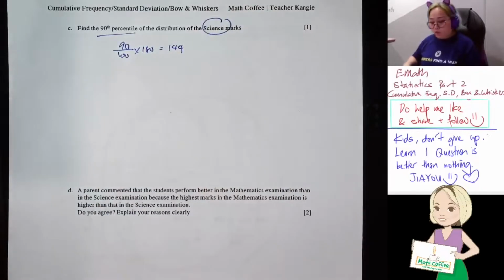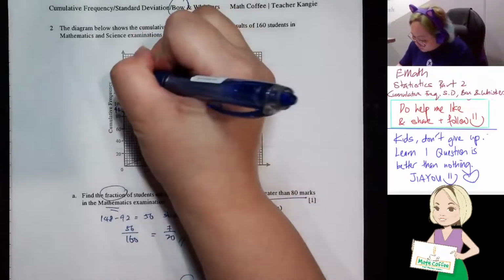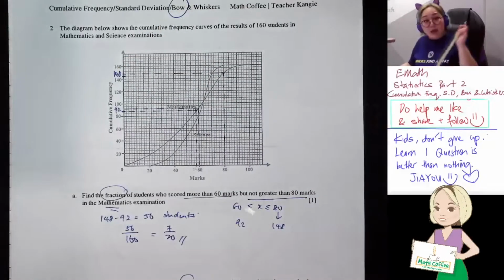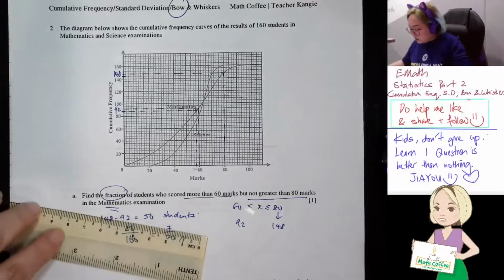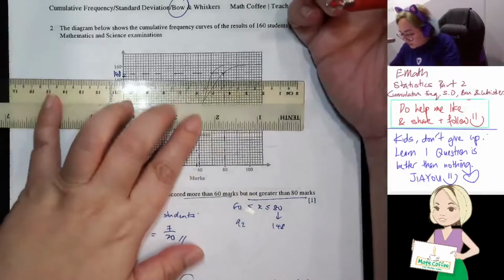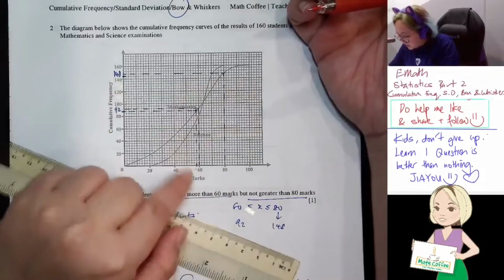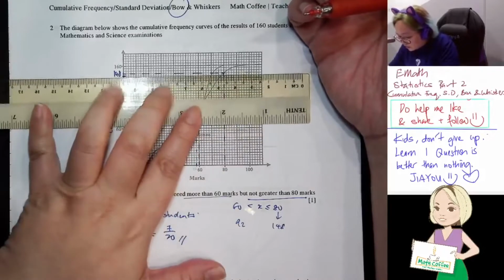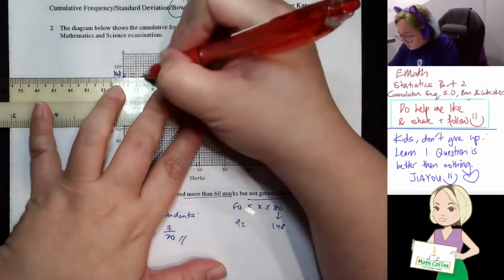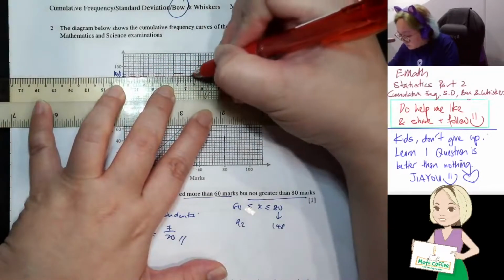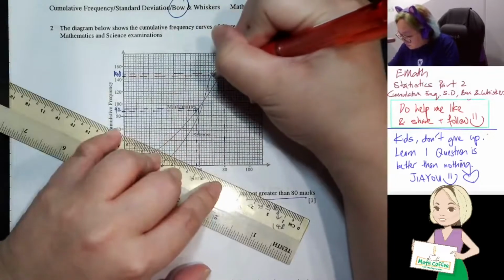So you will go to 144. Let's go and find our 144. So 144 is over here. And take note, it's about science. So I use red pen. Just now it's all about maths. So my science is this line. So I go 144. This one.